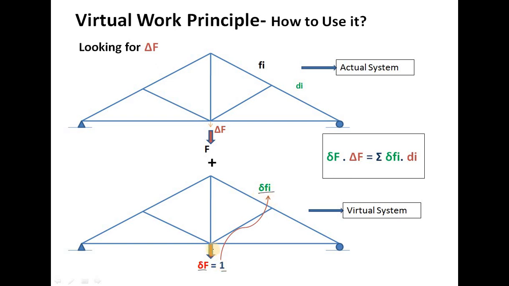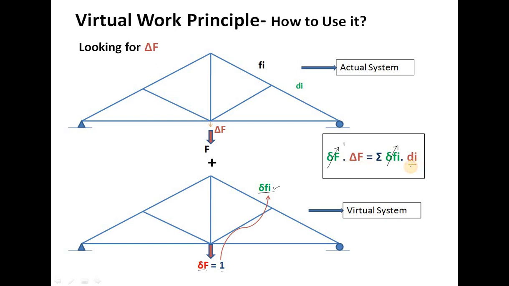I will repeat once again: I will apply a unit load of 1, and I will find the forces in each and every member of the truss. That can be easily done using the method of joints or the method of sections, and I will call that delta Fi. So now this delta F is 1 and this delta Fi is also calculated.